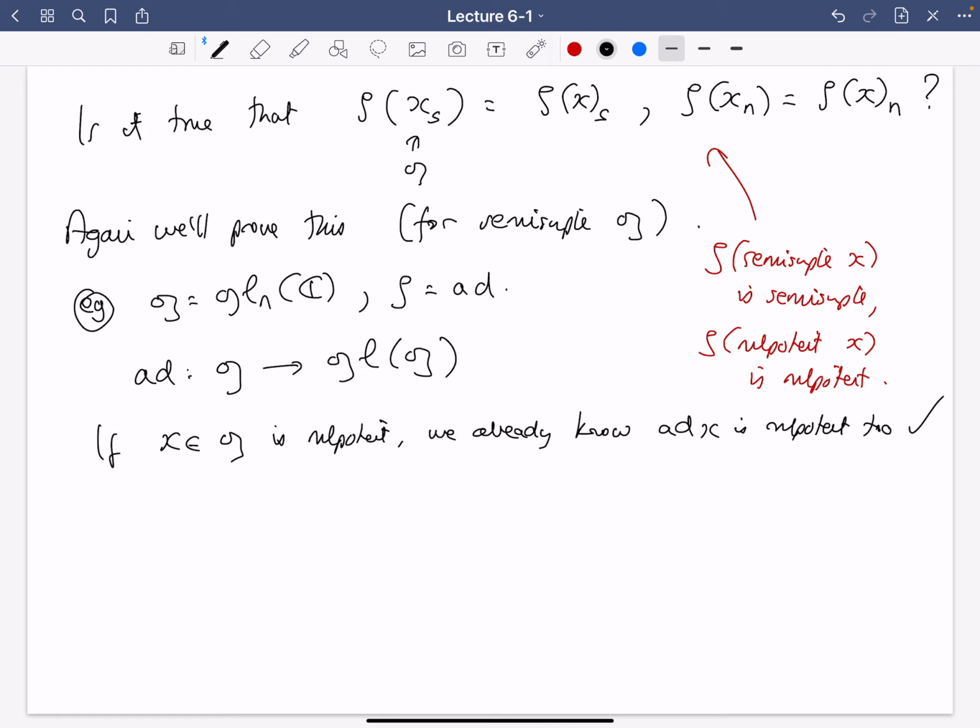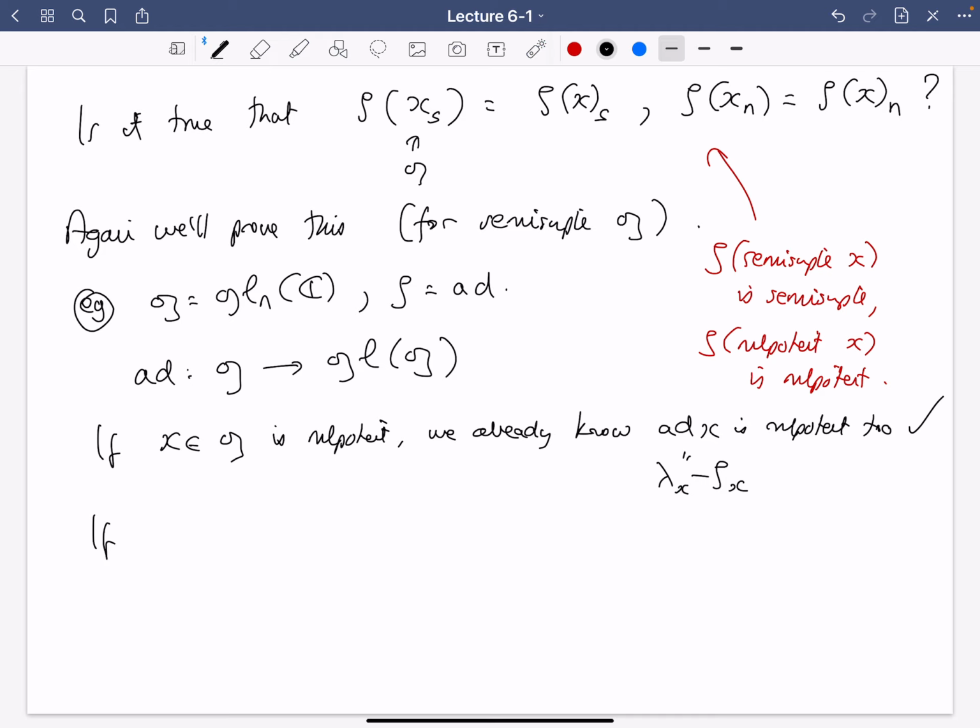That was something we needed when we were proving Engel's theorem. Maybe you remember how it went. The point was that ad X looked like left multiplication by X minus right multiplication by X. These were both nilpotent and they commute, and so therefore that difference is nilpotent as well.